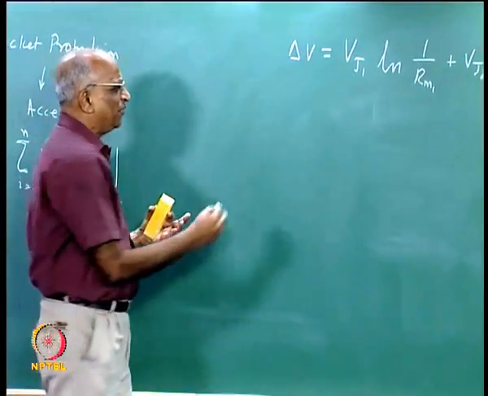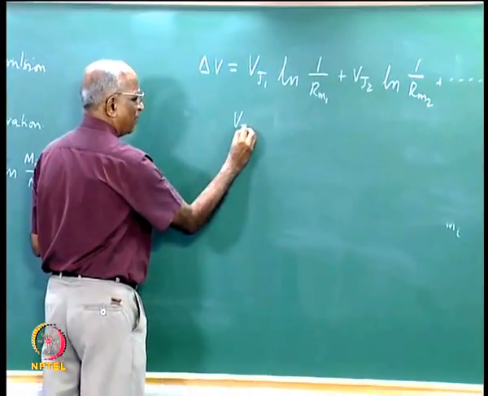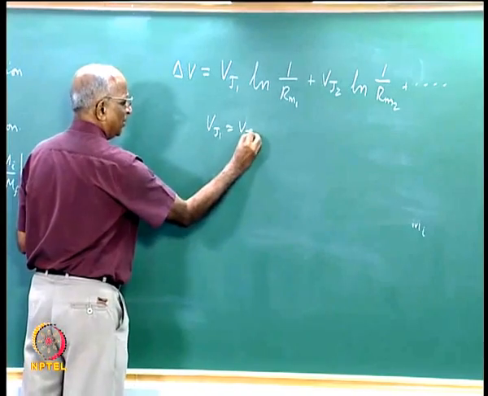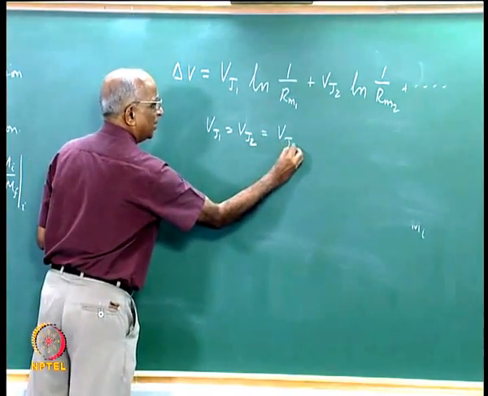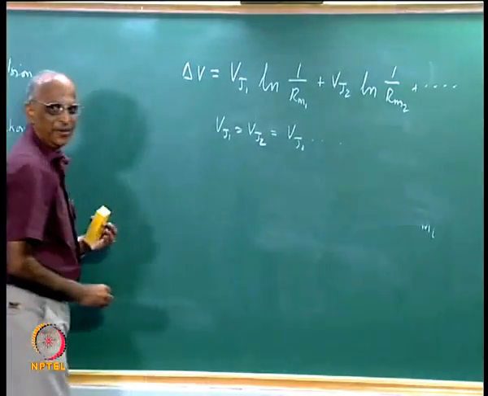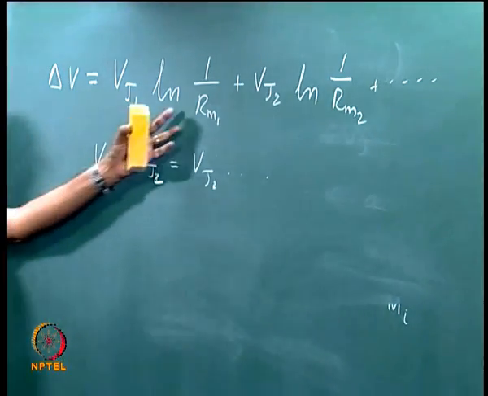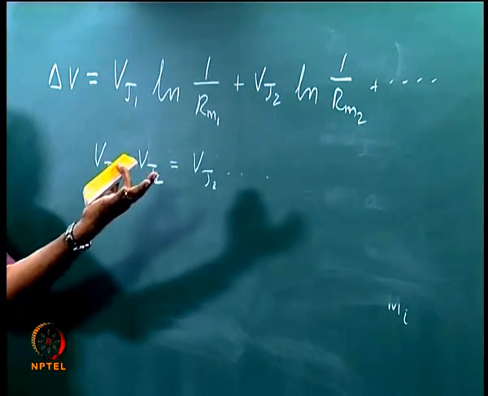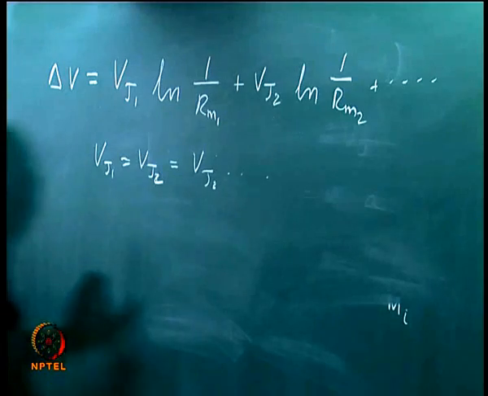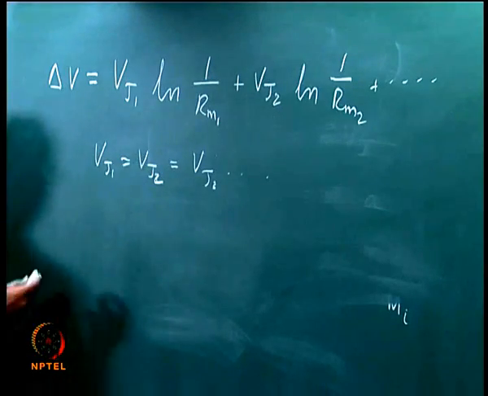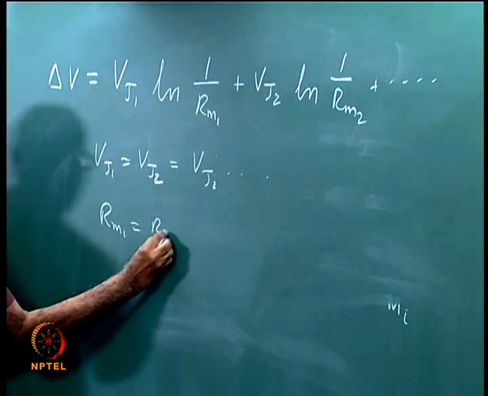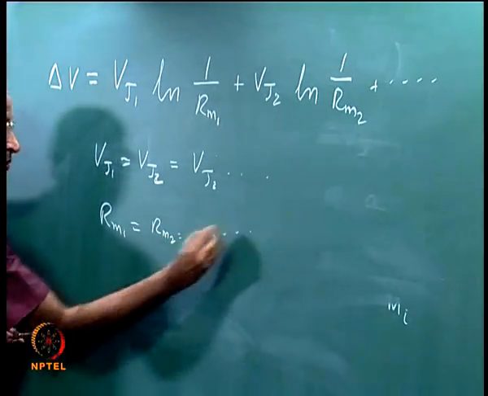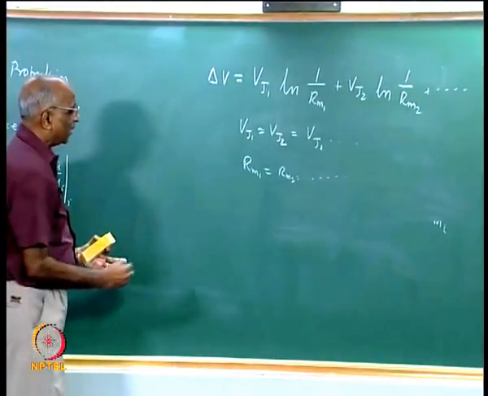Supposing I have rockets in which the jet velocities are the same for all the stages, Vj1 is equal to Vj2 is equal to Vj3 and so on, and the mass ratio of each stage is also the same for all the rockets, Rm1 is equal to Rm2 and so on, then what do I get?